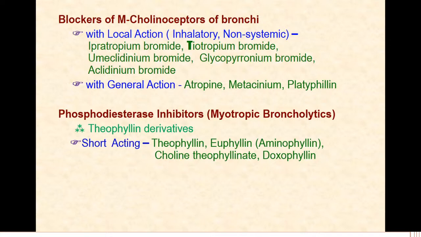Theophylline itself is used only orally because it is not water soluble. But preparations of theophylline, for example, euphylline or aminophylline, are water soluble, and it is produced in both forms, in the form of tablets for oral introduction and in the form of solution in ampules for injection.